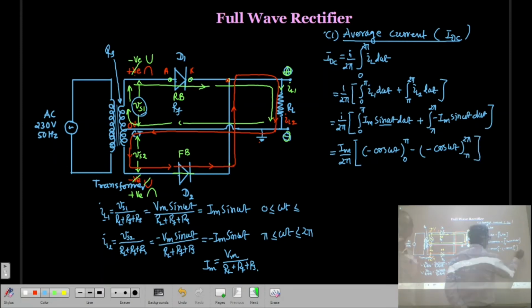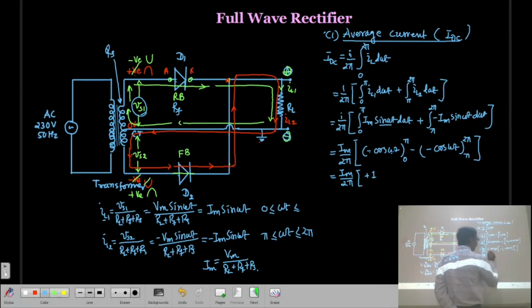2 pi. And here, if we put the upper limit and the lower limit values of omega t, you will find it is 1 plus 1 plus 1 plus 1. Remember. So this is equal to Im by 2 pi. Now cos omega t at pi is minus 1, and minus minus will be a plus 1.